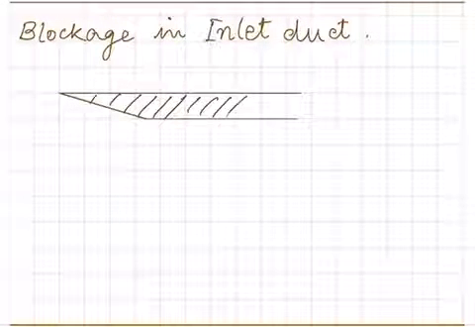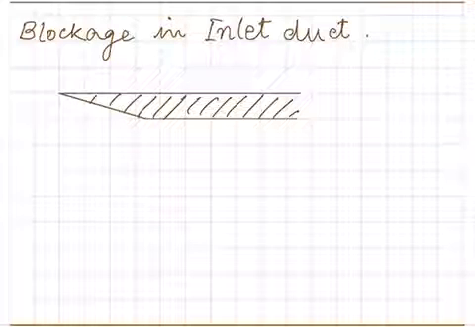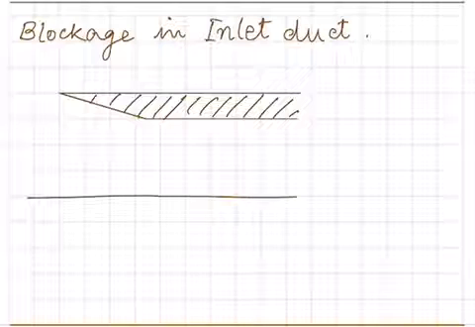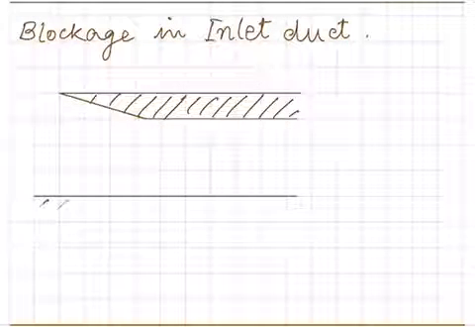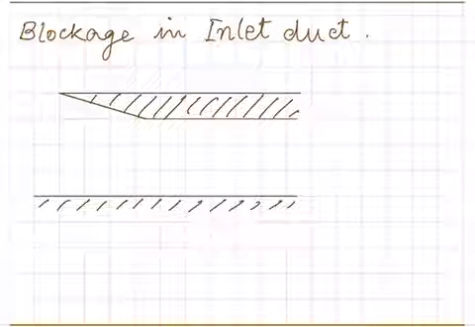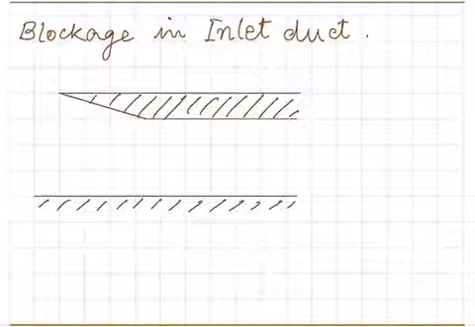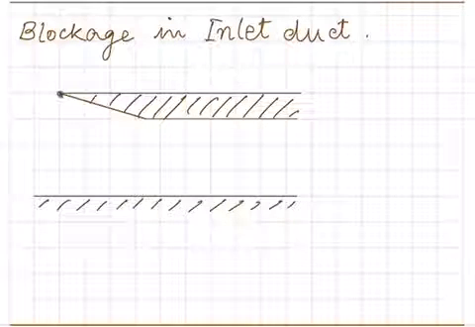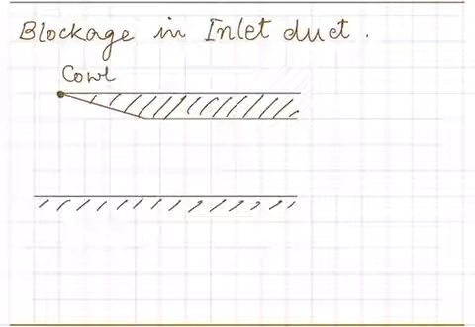Let's assume that this is one side of the engine, and this is the other side. We can visualize the lower side as part of the fuselage, and there's an engine intake on its side, and this happens to be the cowl tip.